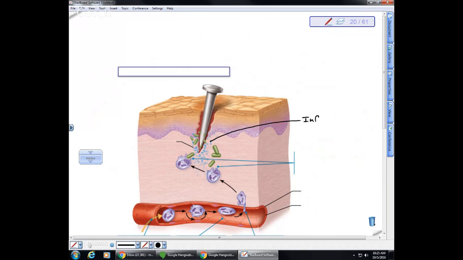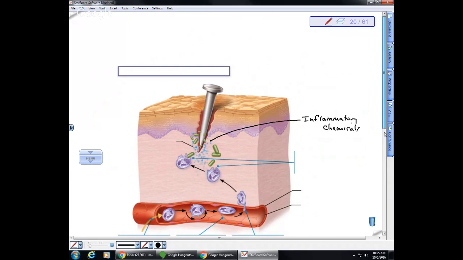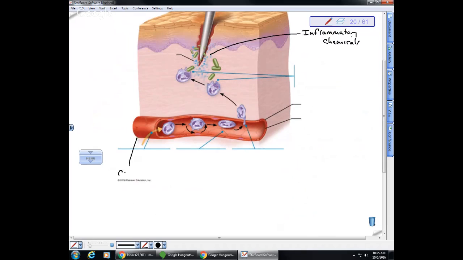That doesn't have a line to it, but you might want to write that in. Okay, so those are your inflammatory chemicals. These are the capillaries, right? So capillaries can become very leaky in response to histamine. The arrow that is shown right here is one part of the inflammatory response, which is called leukocytosis.